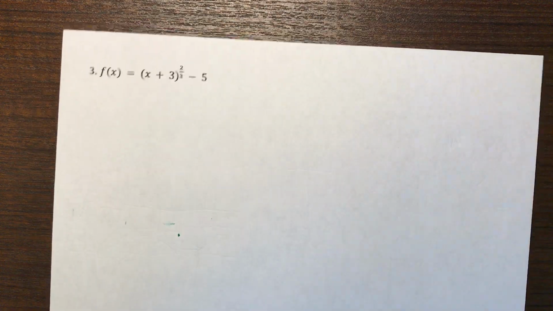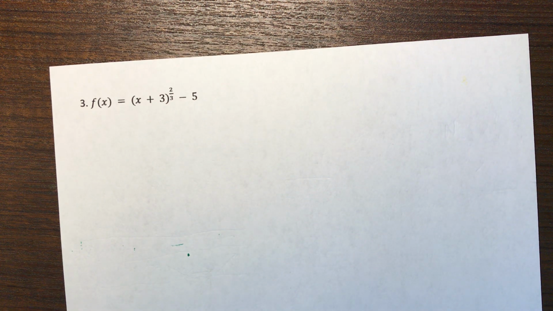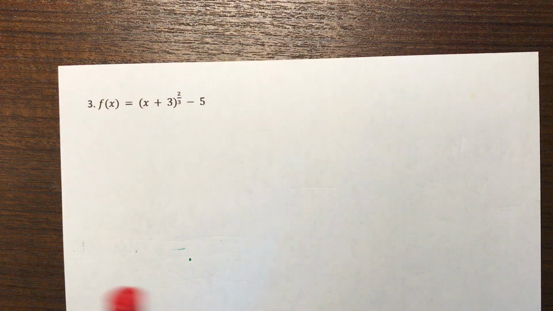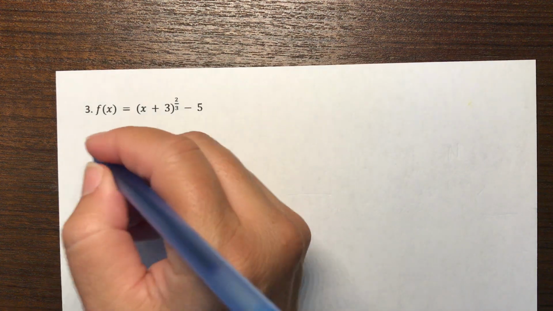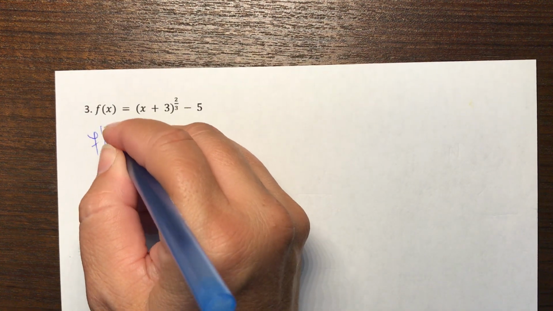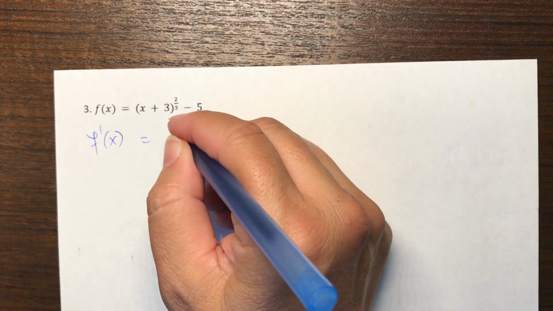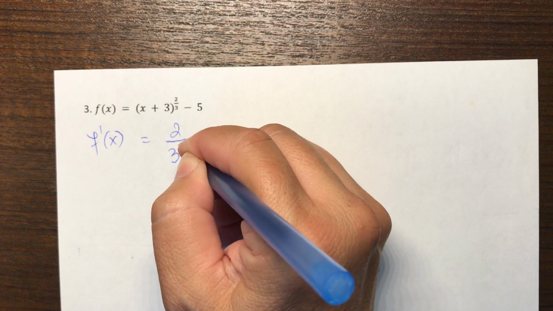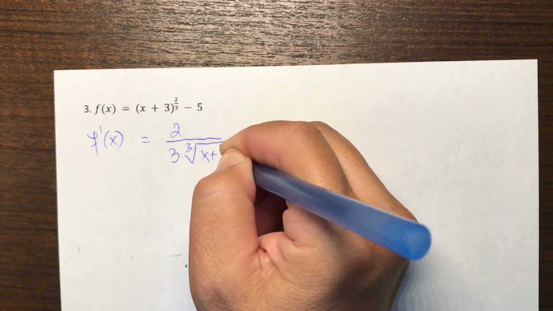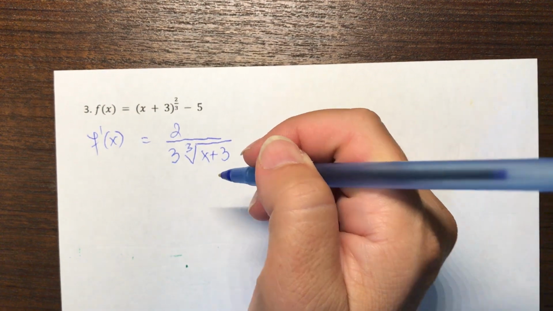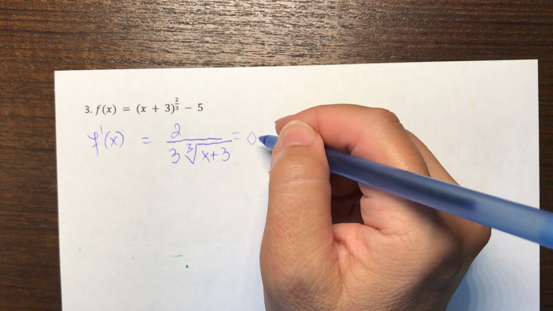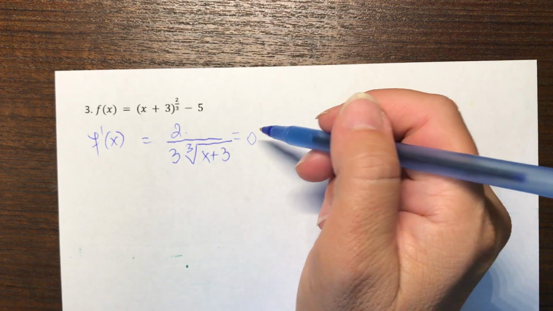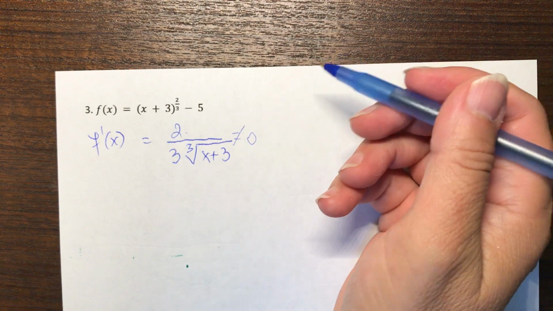What else? I have 2 more problems for you. And number 3, we also already have the derivative found. And the derivative was 2 over 3, and if I remember correctly, cube root of x plus 3. Remember that? We took the derivative. We did try to set it equal to 0 in the first video, but we figured out the only way a fraction is 0 is if the top is 0.